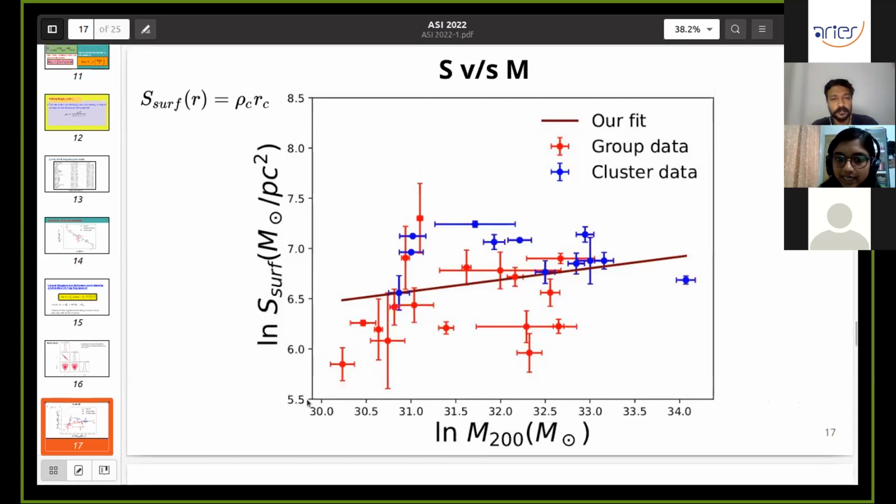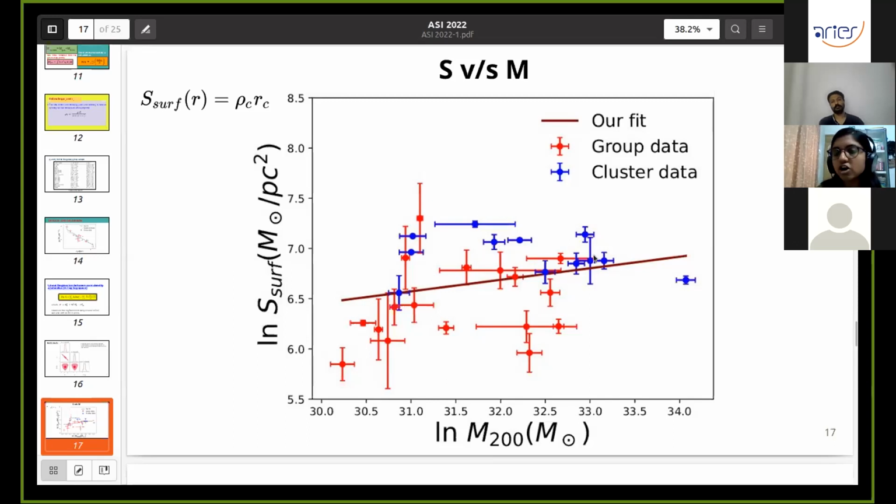In this particular analysis, we have considered both the group data used in this work, as well as the cluster data we had from Chandra cluster data, in order to increase the range of mass. You can see a slight positive correlation in this case for the dark matter surface density. And again, you can observe that this cluster data is falling just above that of the group data.